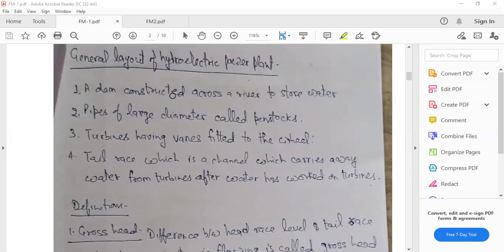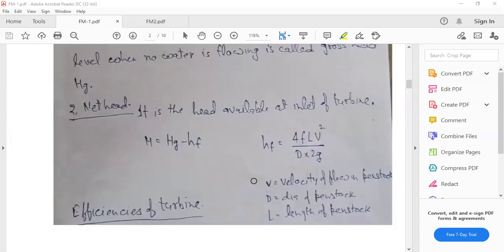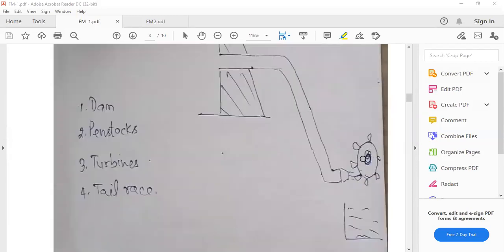First one is a dam constructed across river to store water, pipes of large diameter called penstocks, then turbines having vanes fitted to the wheel. Next one is the turbine. Okay, the turbine having blades.